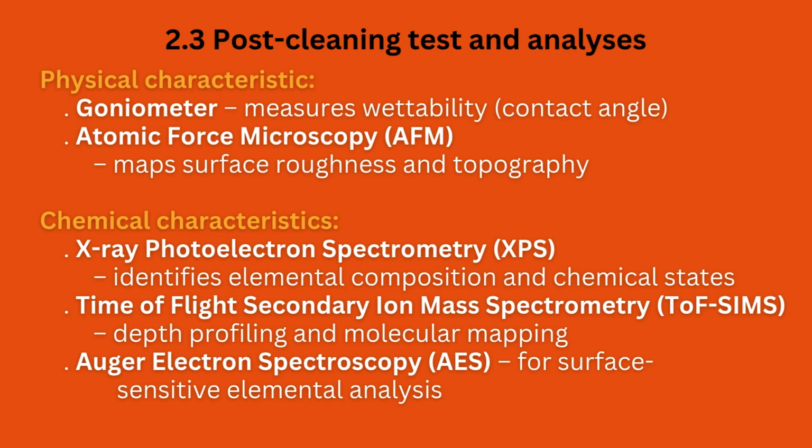Lastly, AES, Auger electron spectroscopy, is highly surface-specific. It detects elemental composition in just the top 2 to 5 nanometers. It's often integrated into scanning electron microscopes, or SEM, but uses its own detector system and operates in ultra-high vacuum. Together, these tools confirm whether your surface is truly clean or if it needs further treatment before moving on to functionalization.